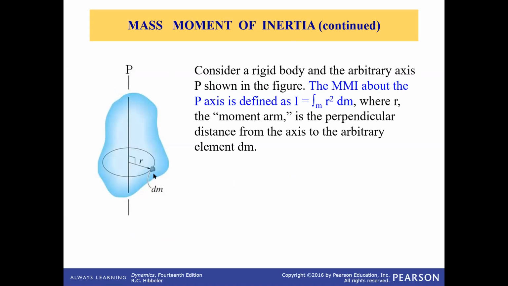So if you have an irregular shape object, or if the density is not uniformly distributed, then you take the differential element of the mass, that small part, and the r is measured from that particular part to the rotational axis, the perpendicular distance. So r squared. I is also called moment arm.